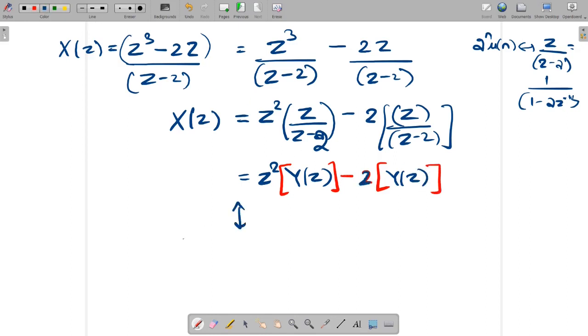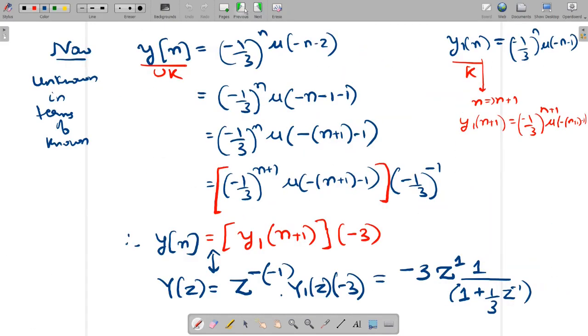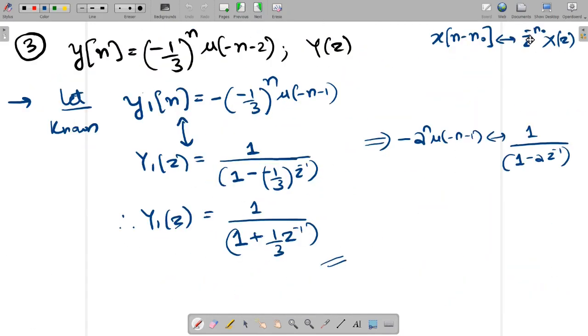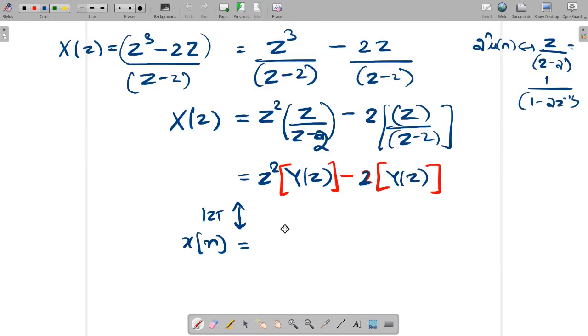X of n will then be given by the inverse z transform. When do you get z square y of z? We use the shifting property. When n naught is equal to minus 2, the inverse of y of z is y of n, and since I have z squared, n naught is minus 2, so y of n minus of minus 2.